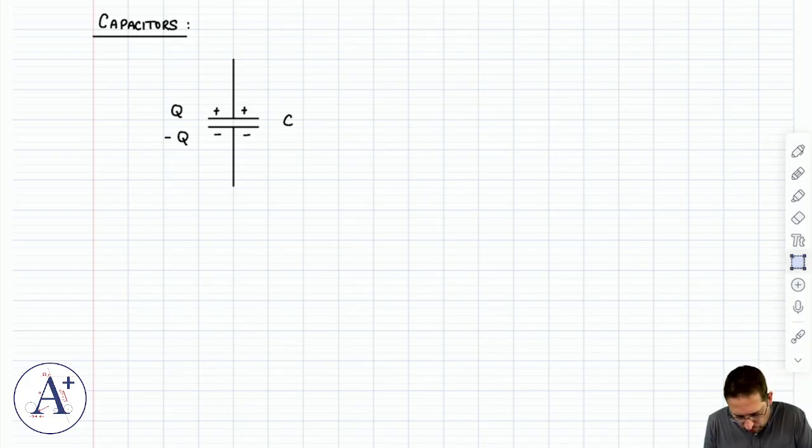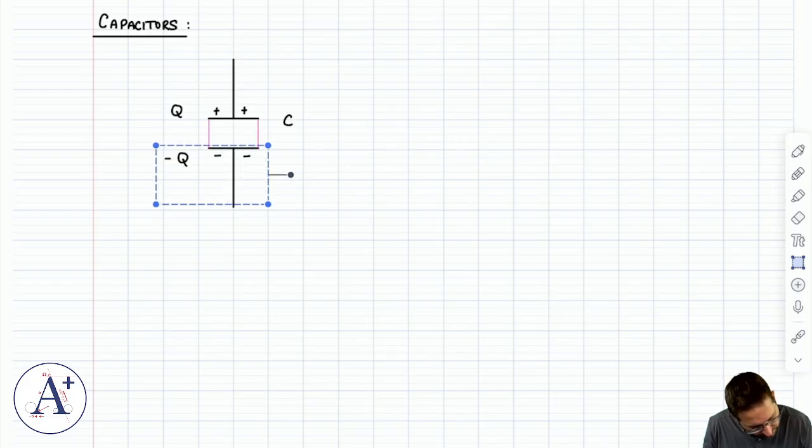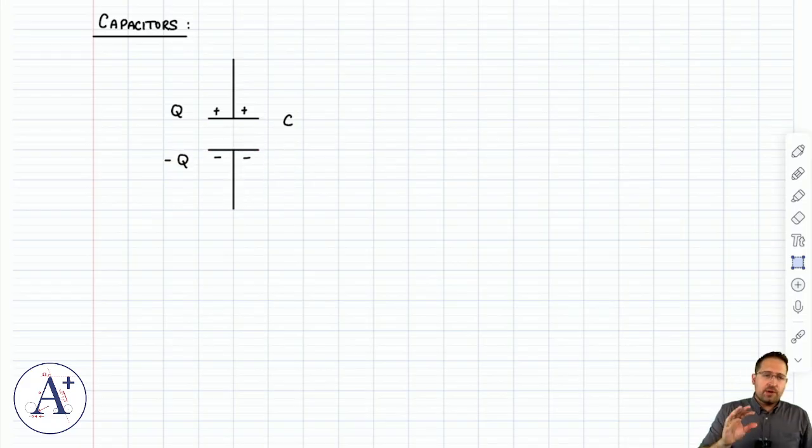Now, we mostly focus on parallel plate capacitors, but those are not the only capacitors that we are going to encounter, and we'll talk about that. Parallel plate capacitors are going to, first of all, have plates that are quite close to each other. I just separated the two here so that we could see what's going on in between, but in practice they would be very close.